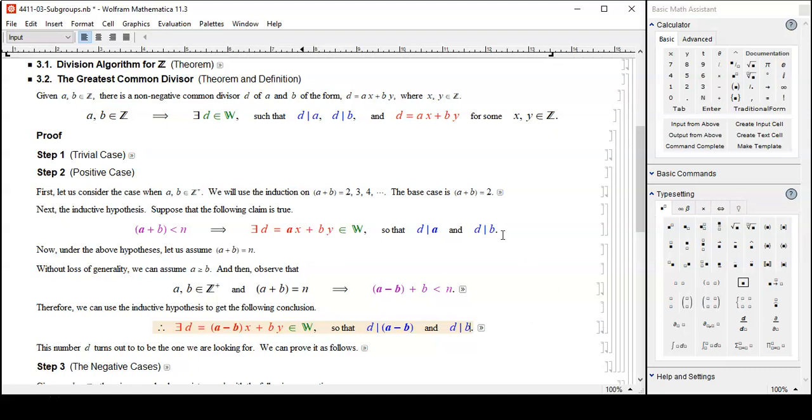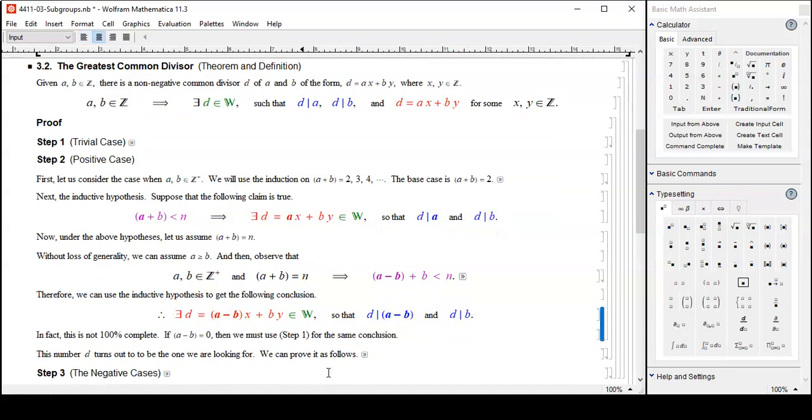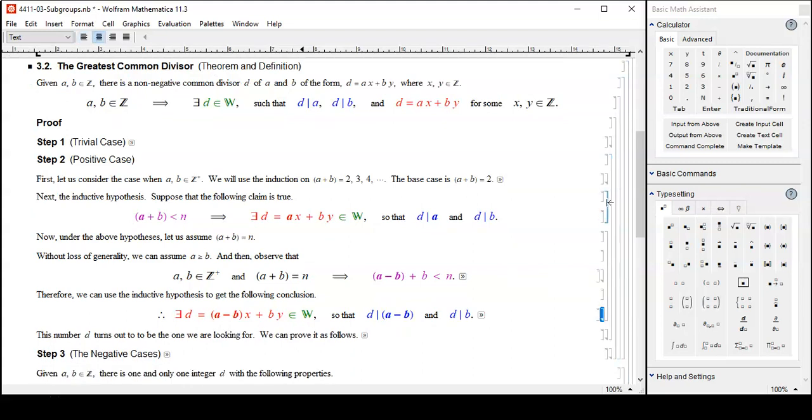So the inductive hypothesis does not always guarantee this conclusion. This conclusion is always true, yes, but 99% of the time it comes from the inductive hypothesis, and the other 1% comes from the trivial case through step 1. That's the gap I left last time, because it was a bit too minute.